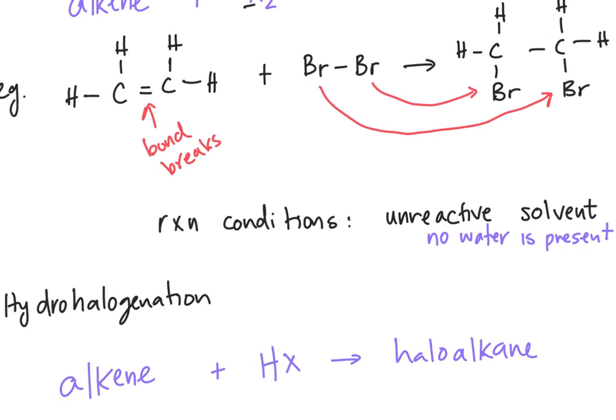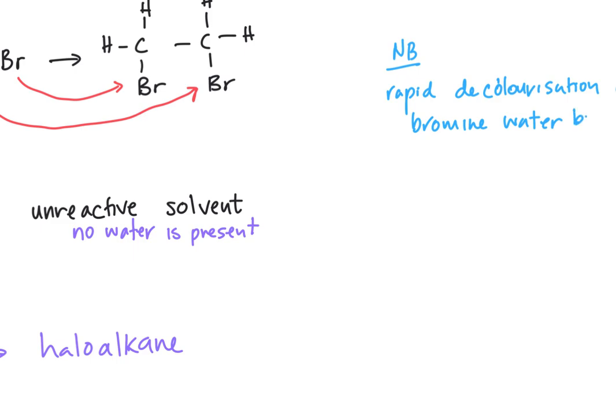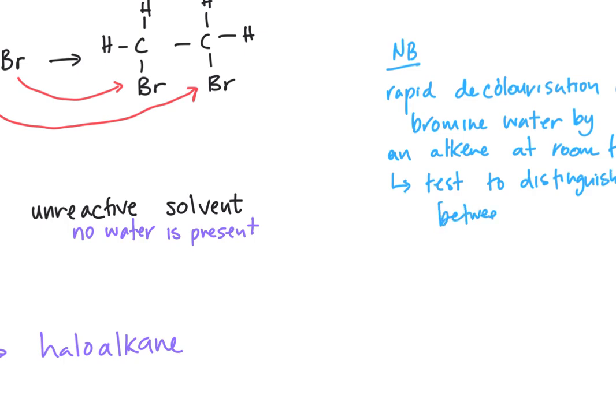Another thing that's a side note to all of this, something important to remember: if you have rapid decolorization of bromine water by an alkene at room temperature, that will be a test to distinguish between alkanes and alkenes.